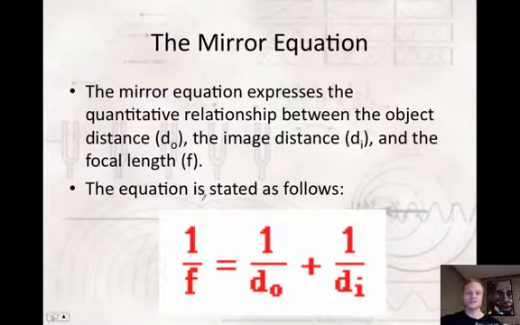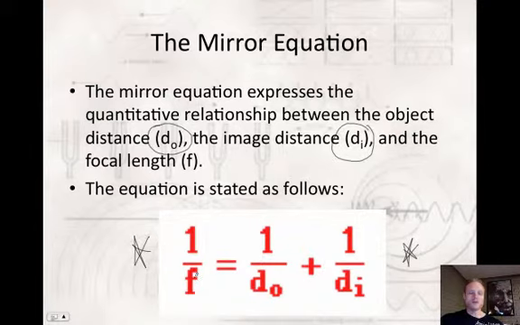The first equation I want to talk about is what I'm just calling the mirror equation. Basically, the mirror equation expresses a quantitative relationship between the object distance, which we're going to use the symbol DO for, and the image distance, which is DI, and the focal length, which we've been talking about as F. This is how the equation is set up: 1 over the focal length is equal to 1 over the object distance plus 1 over the image distance.